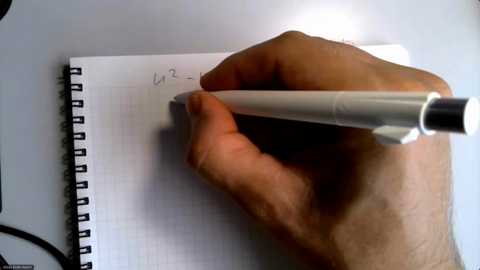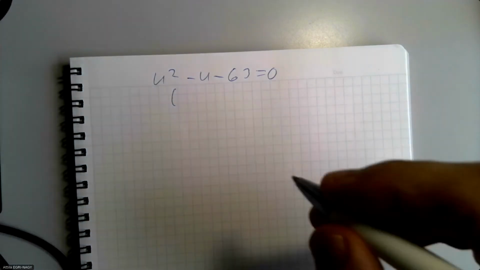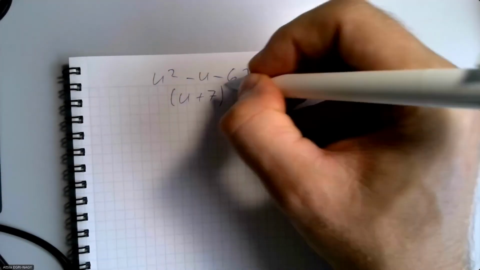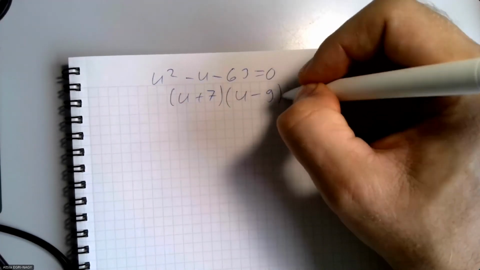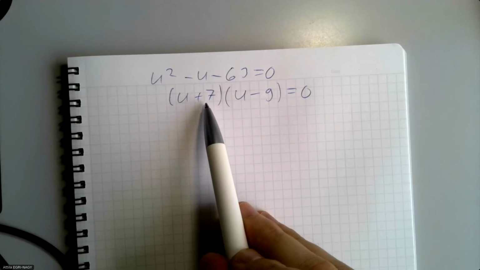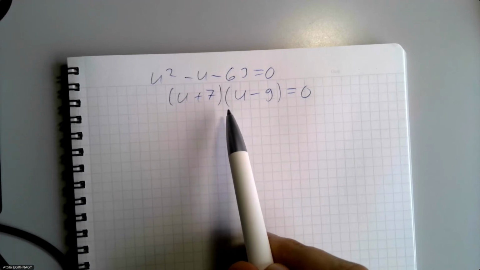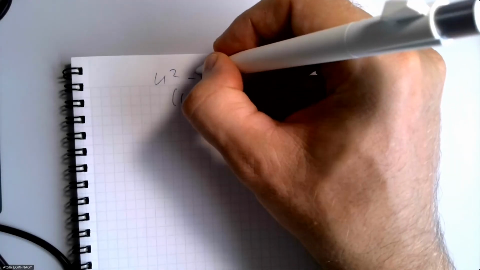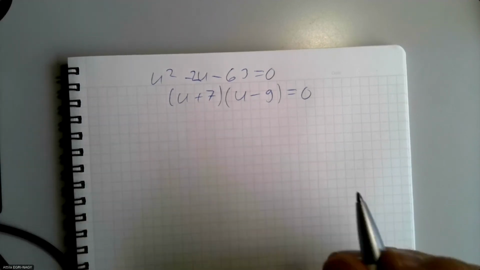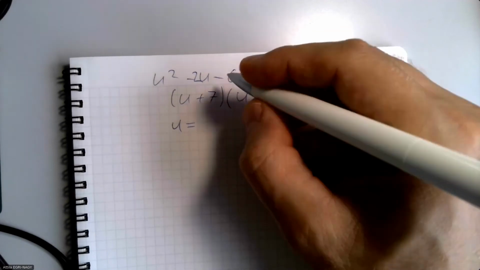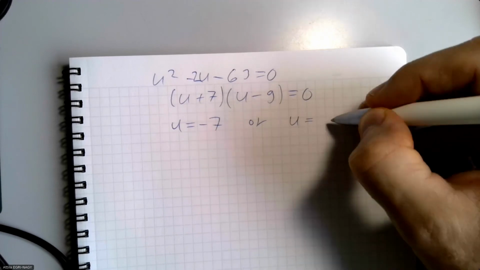This factorizes as u plus 7 times u minus 9 equals 0. So it's negative 63, and we have 7u and that's minus 2 times u there. Okay, that works out. So we know that u equals negative 7 or u equals 9.